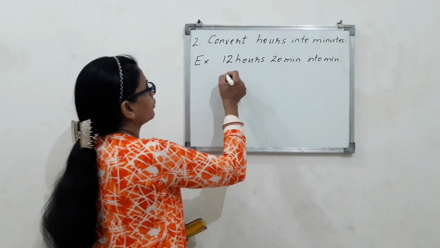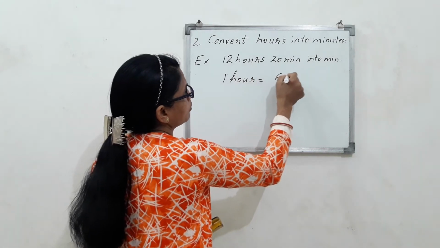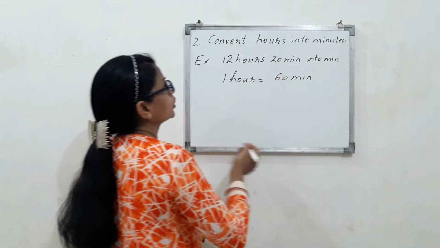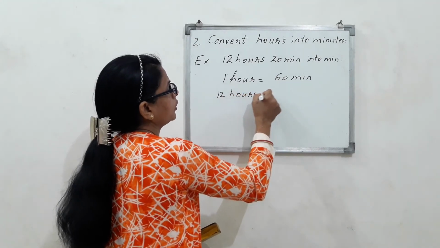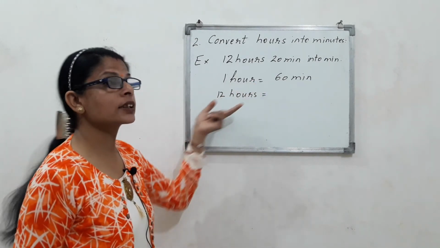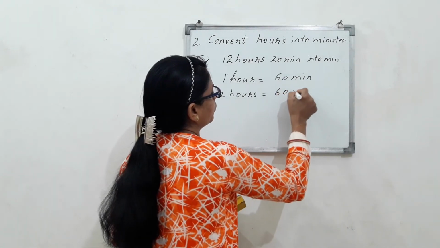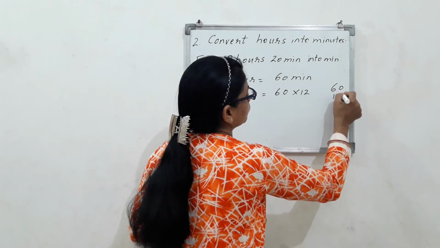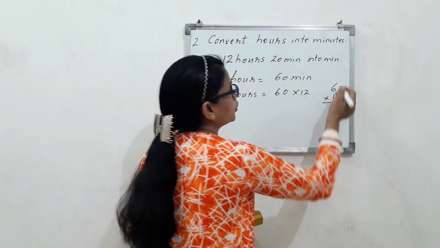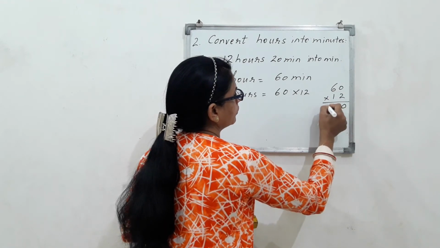All of you know that 1 hour is equal to how many minutes? 1 hour is equal to 60 minutes. Right? So 12 hours is equal to, what we will do? We will multiply 60 by 12. Now we'll do the multiplication. 2 zeros are 0. 2 6s are 12.